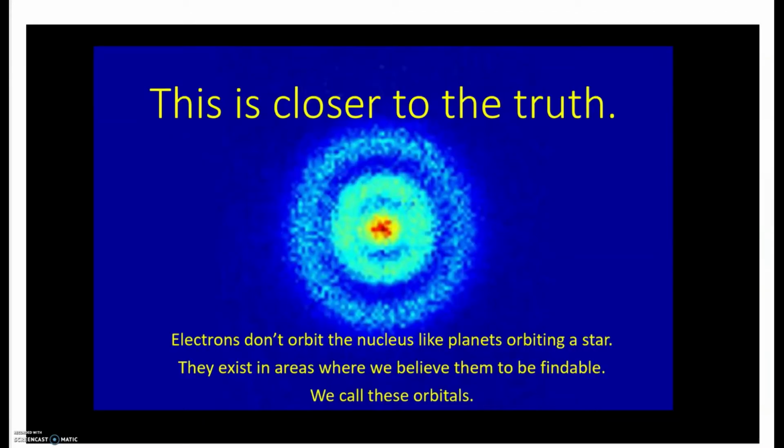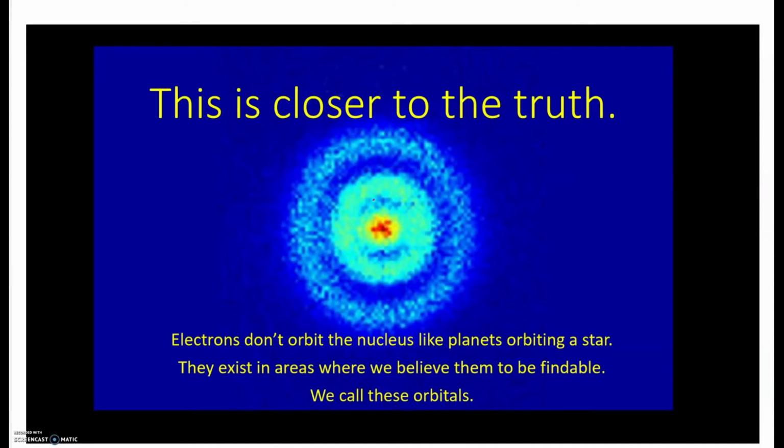According to the Bohr model, electrons don't orbit the nucleus at infinitely variable distances where they can be found anywhere in this area. As a matter of fact, they exist in particular areas. And it's not that we know exactly where an electron is.